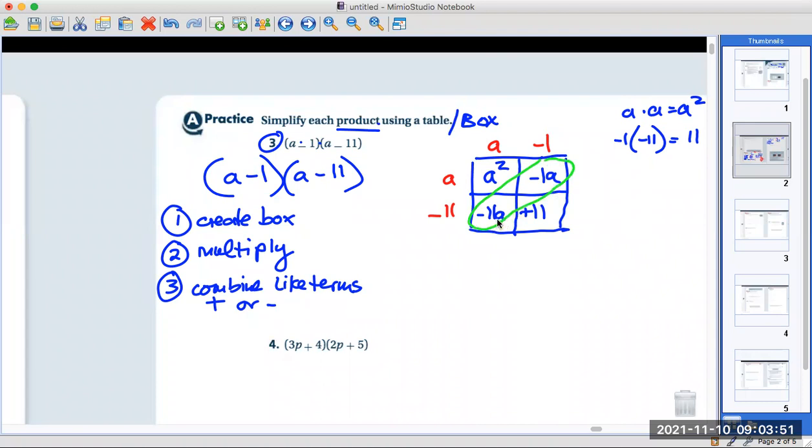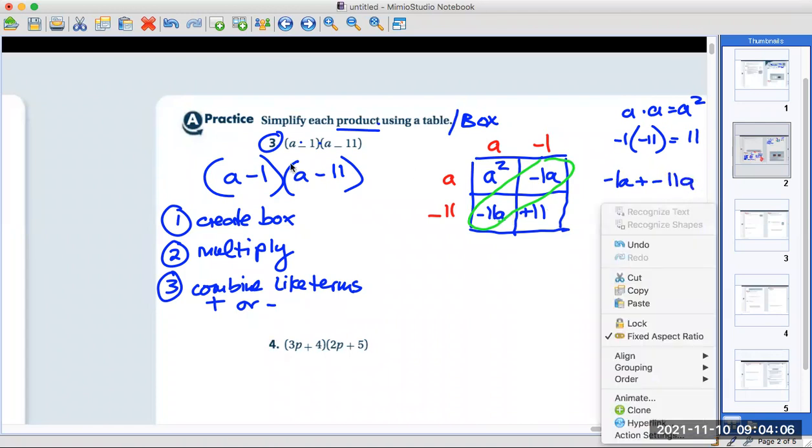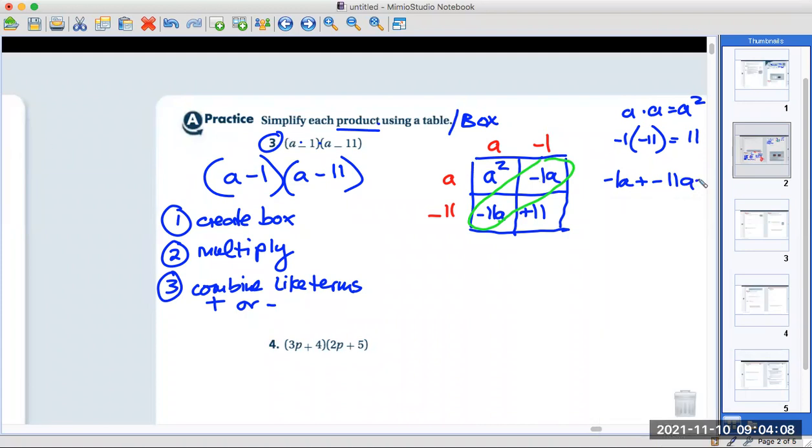See how they have an a? So those are like terms. Now we add negative 1a plus negative 11a. So how many a's do we have? Negative 12a.